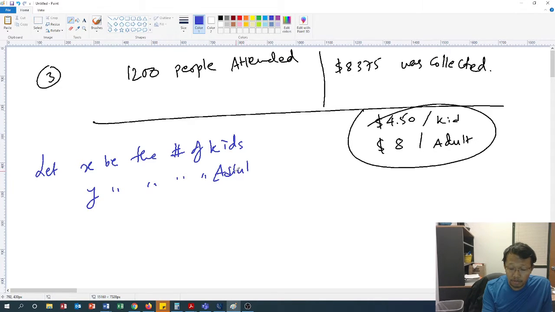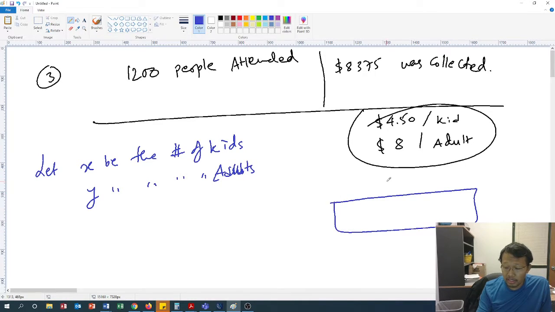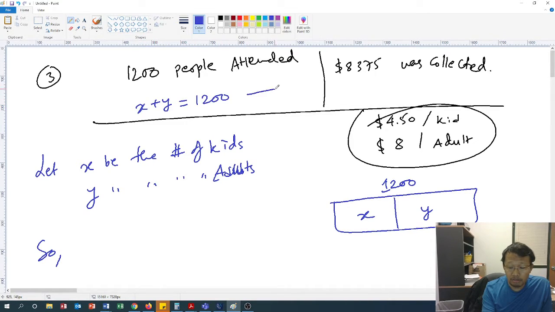Since 1,200 people attended, I can simply write X plus Y equals 1,200. This is the first equation.